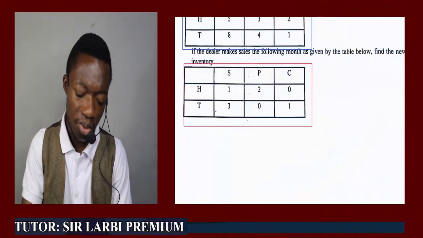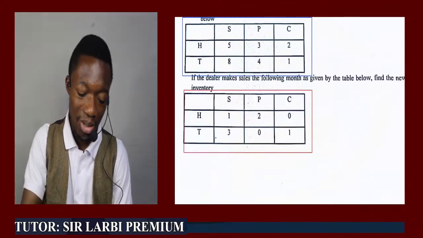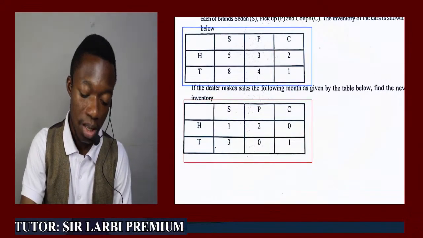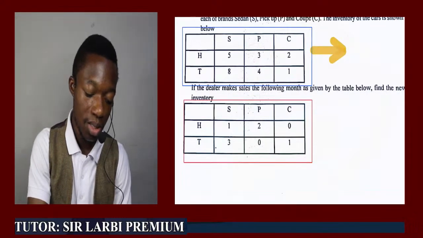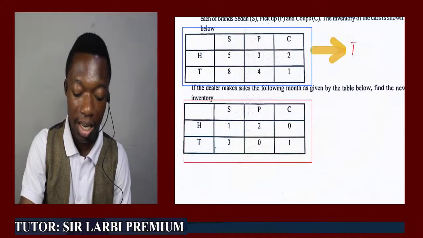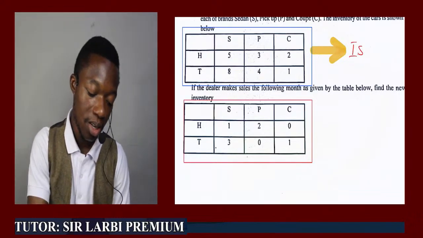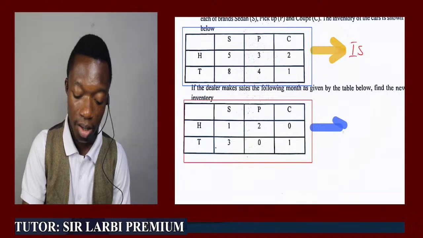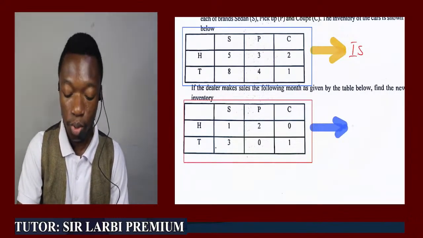So we just have to represent them in the form of a matrix, and then we follow that guide. I can represent the whole of this as the inventory in stock, so I can say I. And I can also represent this as the inventory sold.